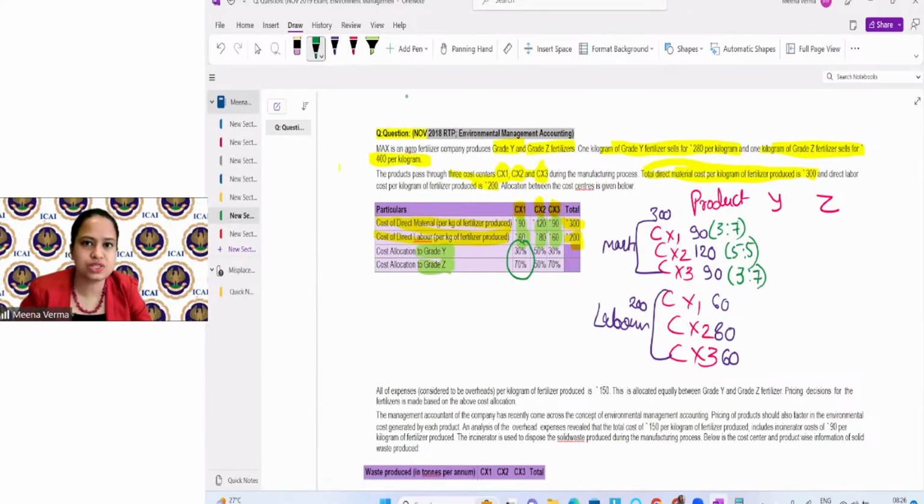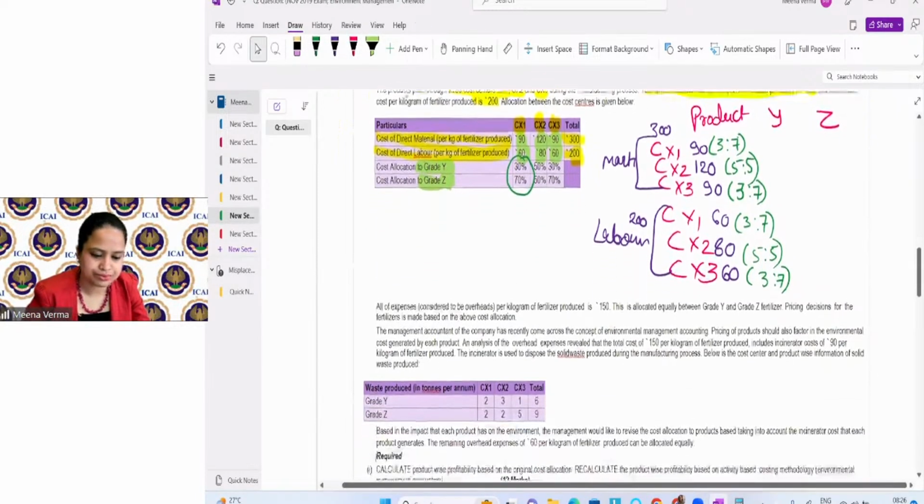So you will use this ratio to allocate the cost. The next one is labor. For labor also, they are using the same ratio, 3:7, 30 to 70 percent, then 5:5 means equal, and this 3:7. In this way, you can allocate the material cost and the labor cost to these products respectively.